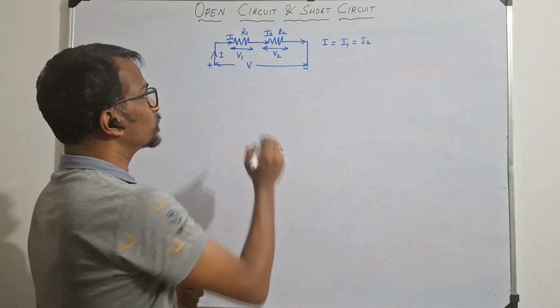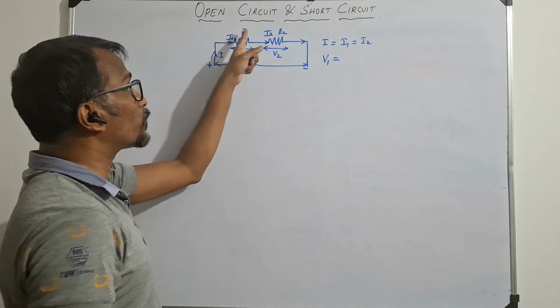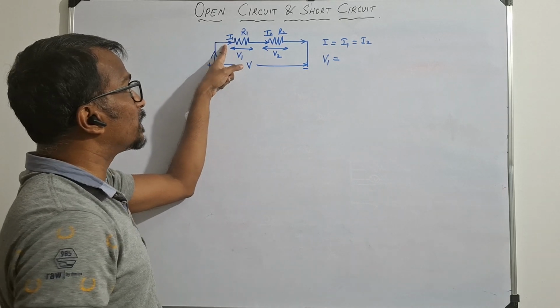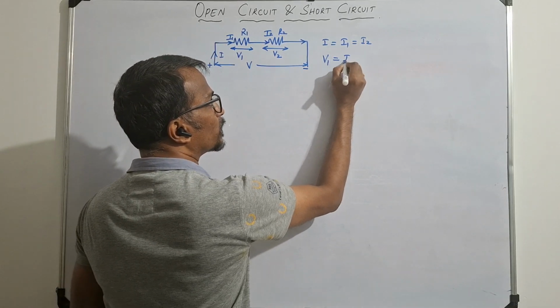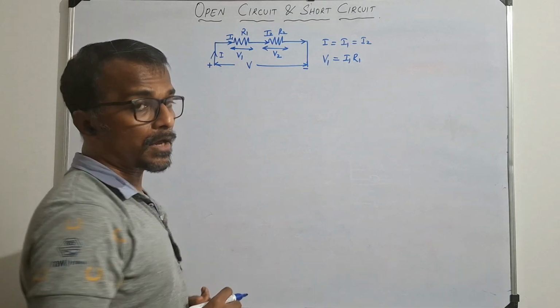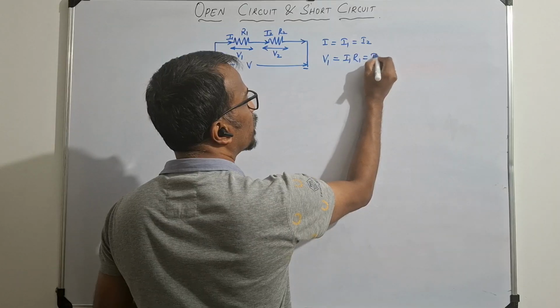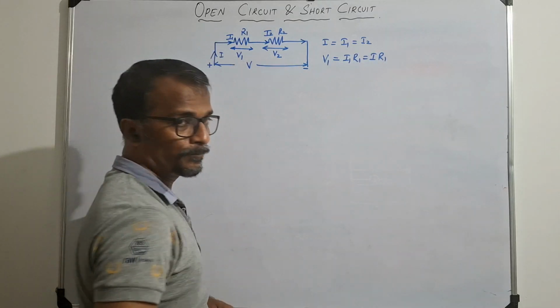As per Ohm's law, the voltage across the resistance R1, V1, is the current flowing through R1 multiplied by R1. Already we know I1 equals I, so we can write I into R1.